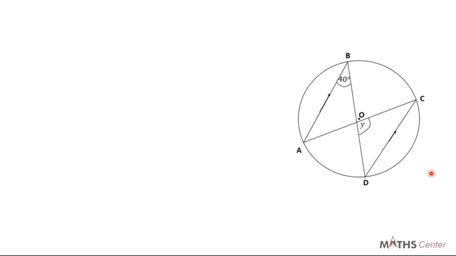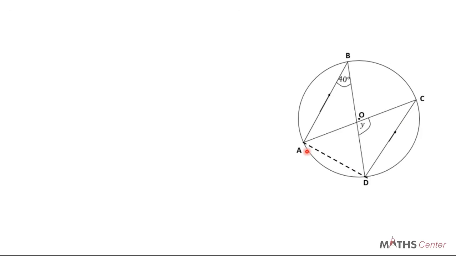Now let's begin. How do we find y? We have an angle here which is given as 40 degrees, so it is always easier to start from where you have been given an angle, then you work towards where you don't have the angle. Let's look at this diagram very well. If I draw a chord to join AD, you can see that chord AD creates an angle of 40 degrees at B. The same chord AD is creating an angle here.